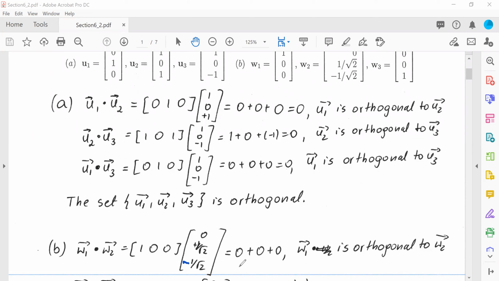But that does not change the fact that when I multiply this, I'm getting 1 times 0 is 0, and 0 times 1 over root 2 is 0. 0 times minus 1 over root 2 is 0. So when I add them together, the dot product is 0. So if the dot product is 0, that means the vectors are orthogonal.